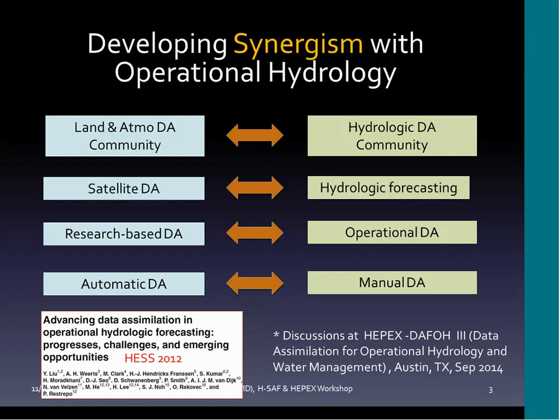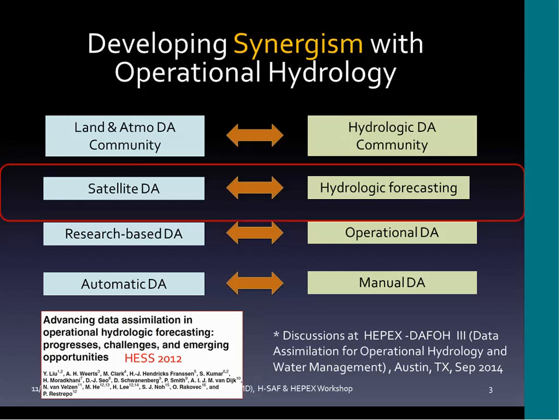So our goal here is to use our automatic DA to try to get at the manual DA, but not replacing them at the moment. There is still a long way to go because the hydrologist forecasters do have value to add to the forecast.